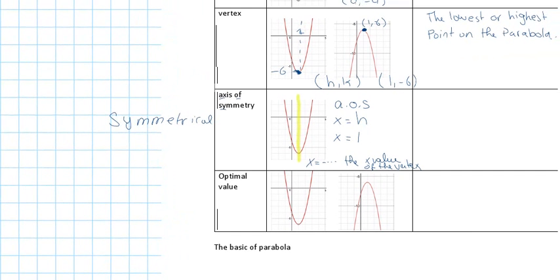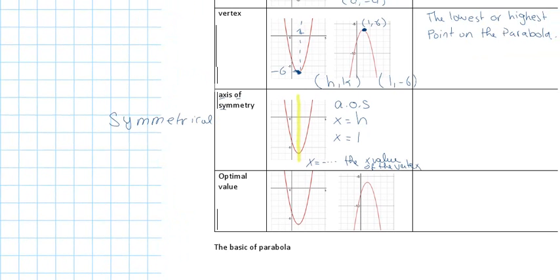Which one? No, that's AOS, are you talking about this? Yeah. AOS, axis of symmetry. This is just an abbreviation, so I don't have to write axis of symmetry every single time. It's the first letters of each word.